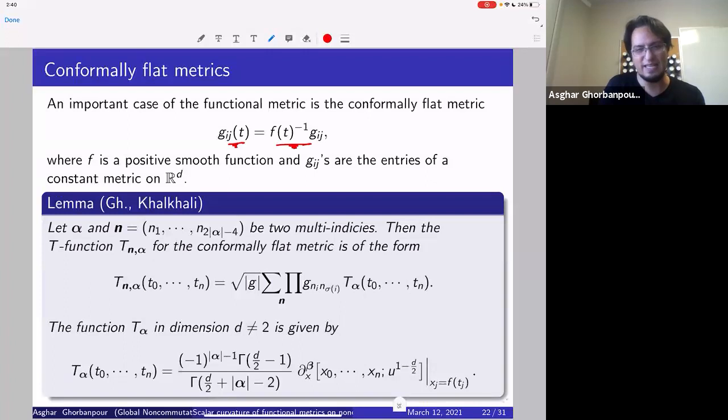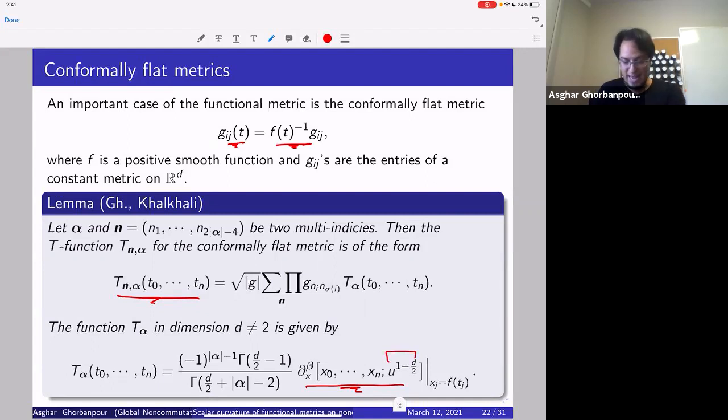The notations are a little bit different from the ones used originally in the conformally flat case, but with a very simple change, you can get those results out. And for those ones, we can calculate those functions, and those are given by higher Newton differences of a very simple function, u to the power 1 minus d over 2.